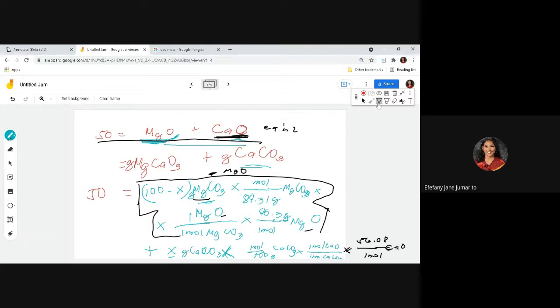So this whole thing here is just your calcium oxide. So we have MgO plus calcium oxide equals 50. Okay, follow?